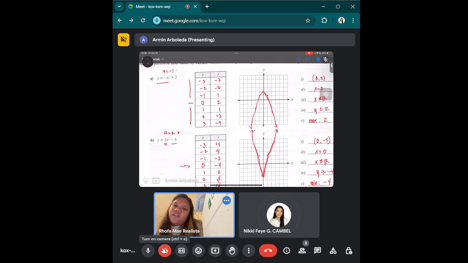That's telling us that if A is bigger, it's more narrow. If it's smaller, it's gonna be wider. And if it's positive, it's gonna be facing upwards, and if it's negative, it's gonna be facing downwards.